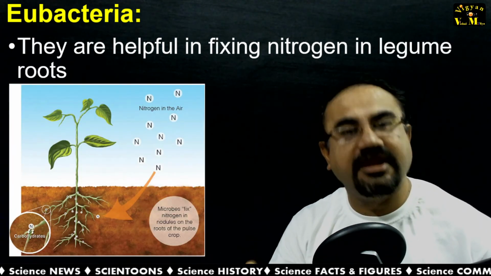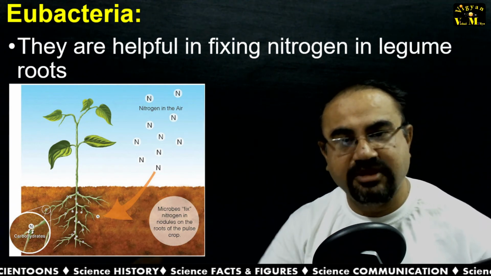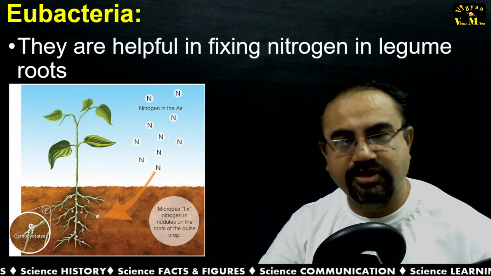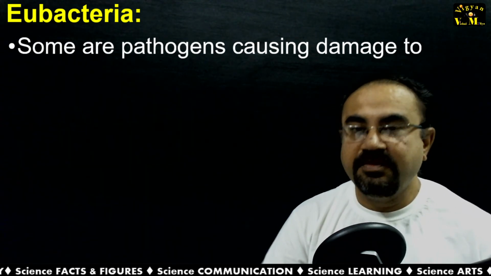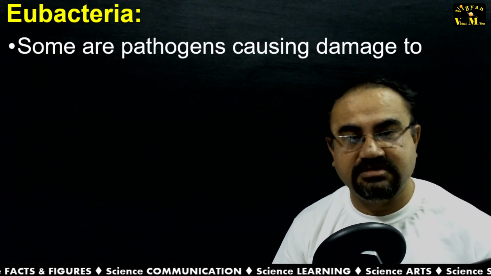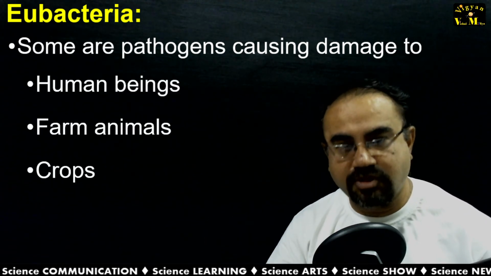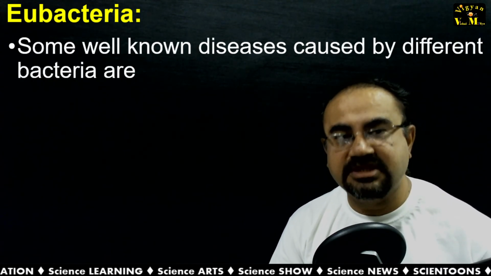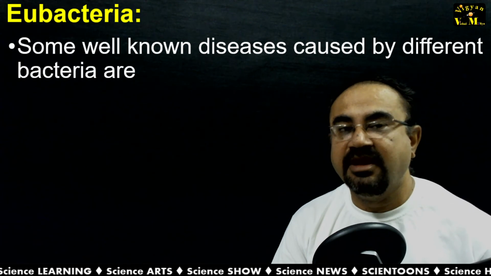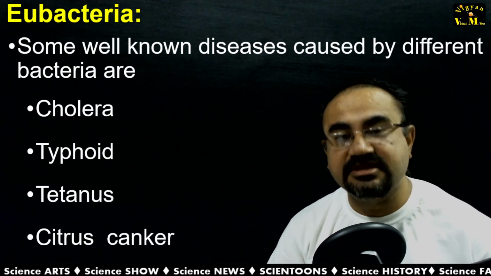These bacteria are helpful in fixing nitrogen with the help of legumes, and we will go through the details when we study nitrogen fixation. Many of them are pathogens causing disease to human beings, farm animals, crops, and even pets. Some of the well-known diseases caused by bacteria are cholera, typhoid, tetanus, and citrus canker in plants.